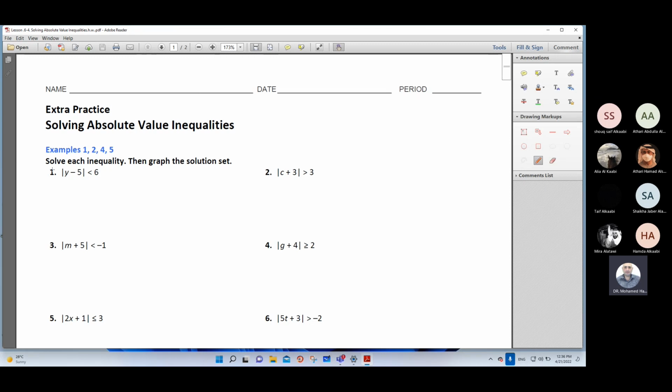The question here: solve each inequality, then graph the solution set. When you see an absolute value in an inequality, always remember you have two cases. The first case, the value inside the absolute value is non-negative, which means take the same value, y minus 5 less than 6.